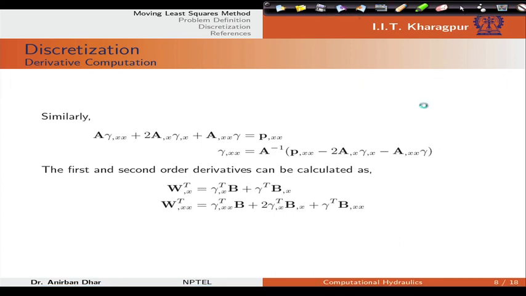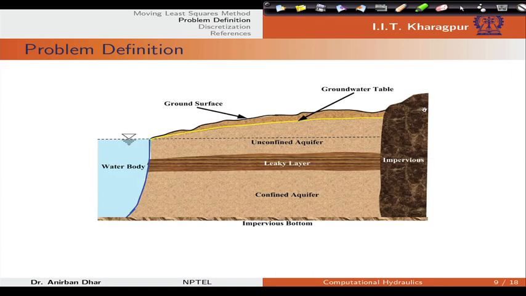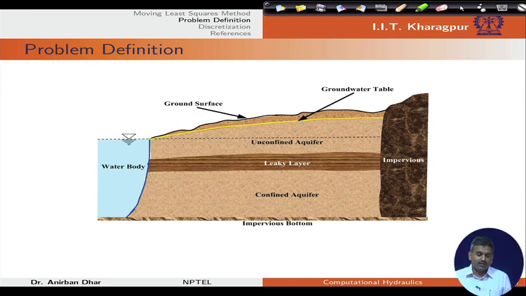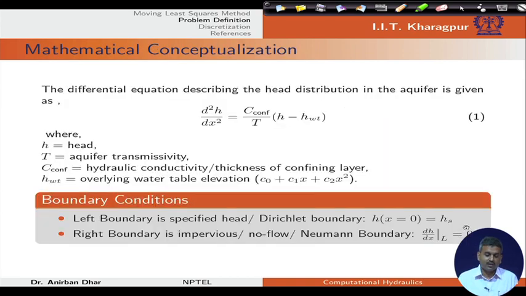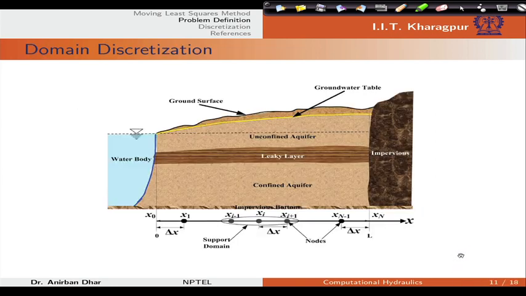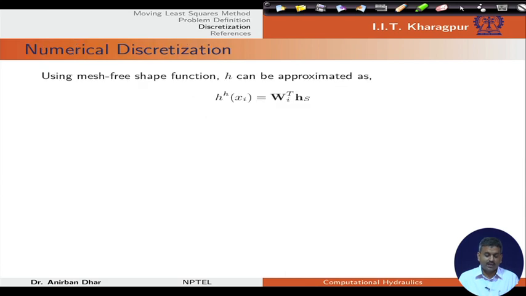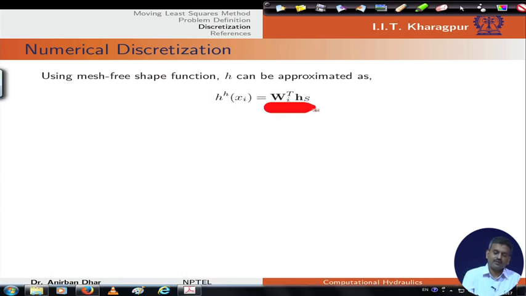Now, in this case again let us consider our original problem. Original problem is one dimensional groundwater flow equation. Mathematical conceptualization is in terms of second order derivative, and in a support domain we can have 2, 3 or any number of points. In this case, using a mesh free shape function, we can represent it like this.